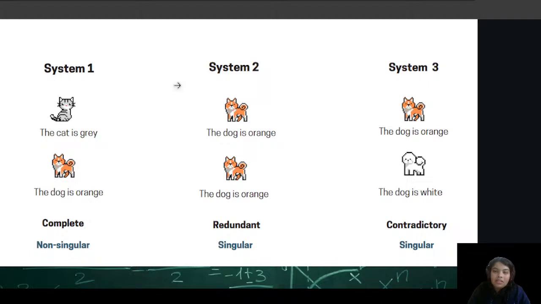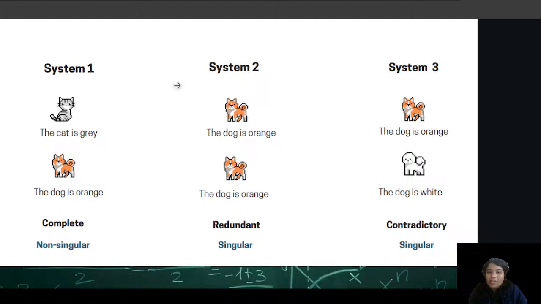If the system is redundant, like system 2 here, we are not getting much information, because there is only one single entity and a repetition of it: the dog is orange and again the dog is orange. We are not getting any visible output or idea from this system.